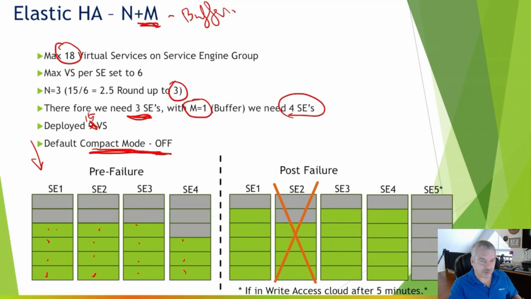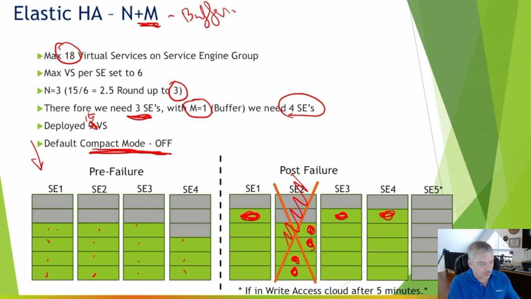Now, what happens if there's a failure? In this example, I lost service engine 2. What got impacted? These 4 virtual services got impacted. Notice now they'll get reassigned. Maybe one of them was over here, got put on this one, another one was put here, and another one was put here.